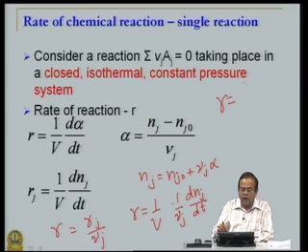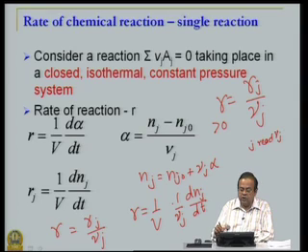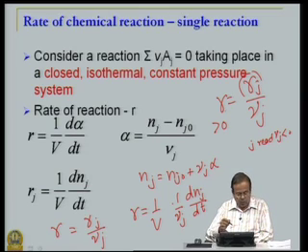So, if we have R equal to Rj by nu j, this is always positive. If j is a reactant, nu j is negative, that means Rj is negative. That is, for a reactant the rate of change is negative, or the reactant gets consumed. For a product it gets formed, so it is always positive. So, these are all related to each other.